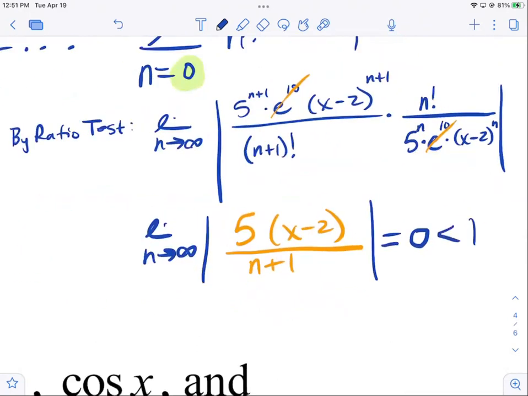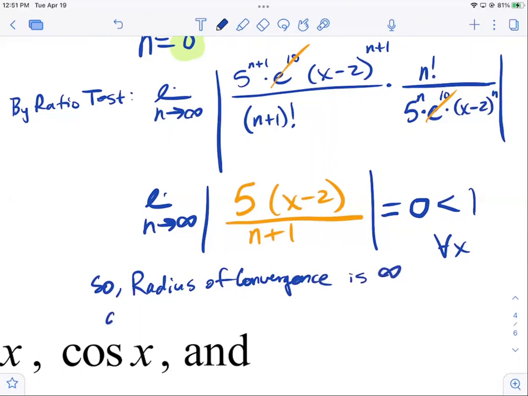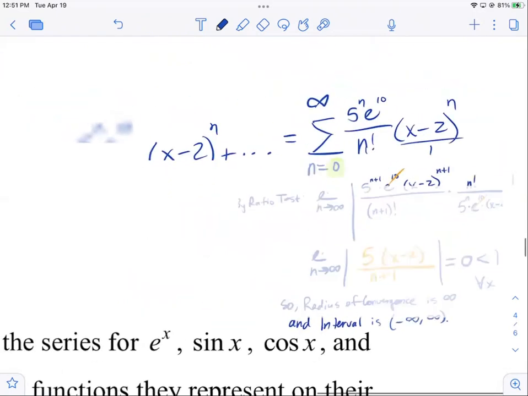Which is less than 1 for all x. So what's the radius of convergence? Good. So the radius of convergence is infinity. And for what it's worth, the interval of convergence is negative infinity to infinity. The domain of this is all real numbers.